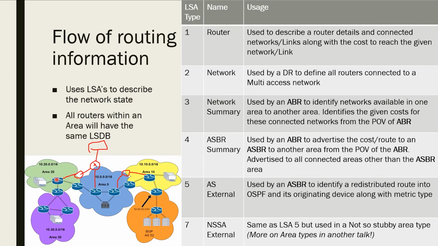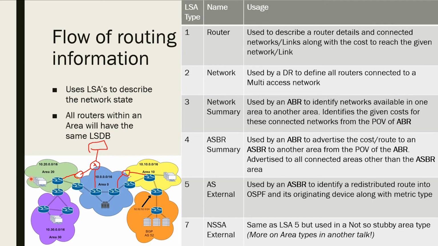Now, because type 1s are advertised only inside one area, these two devices that it's connected to will know about that type 1 LSA and will know how to route towards that subnet. But if you go into area 0 or area 10, you don't have that type 1 LSA, and so you don't know how to reach that subnet.